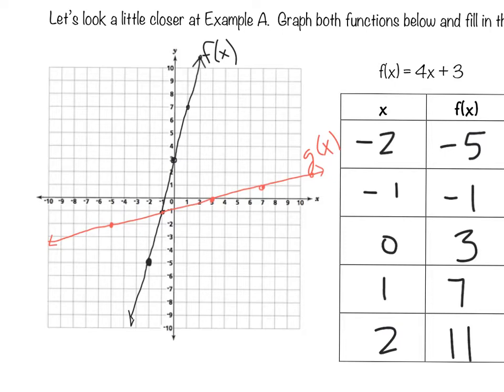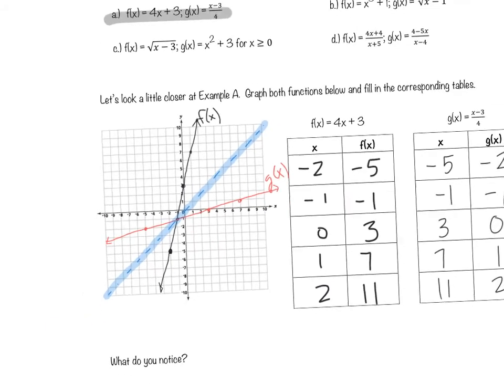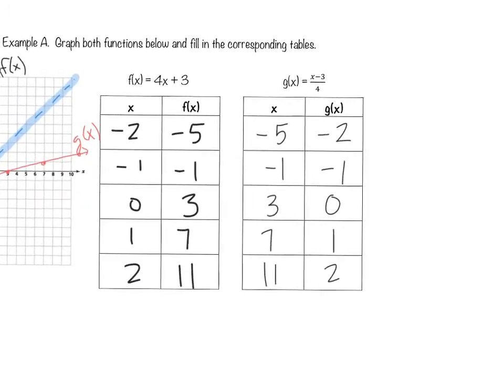Let me see if I can do a dashed line, and maybe highlight it. What we can see is how the black f of x and g of x are mirror images of each other across that diagonal.